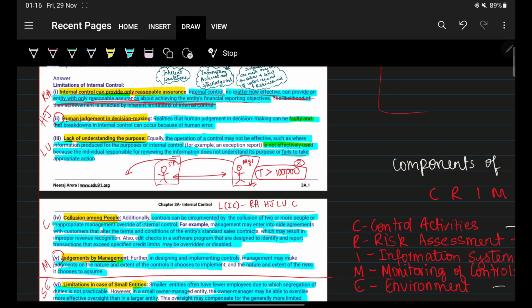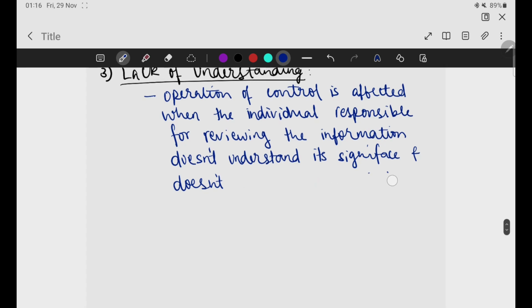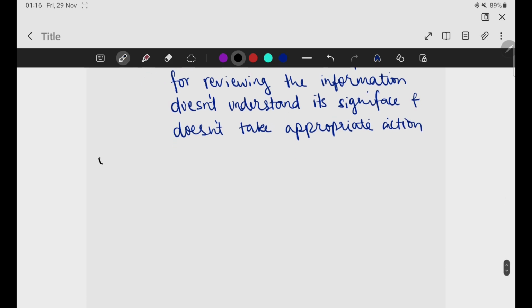Or rather fails to take appropriate action. You can just write that. Okay, does not take appropriate action. Right? Next, the fourth point was that there may be collusion among people.